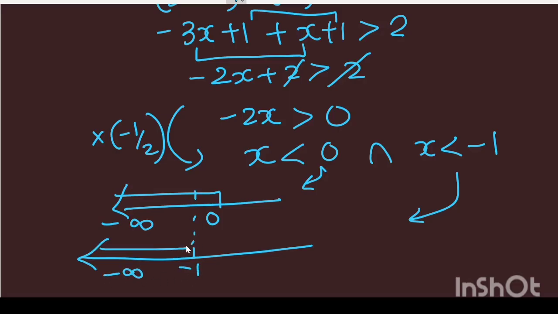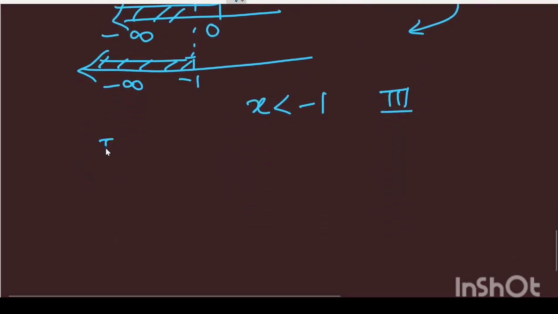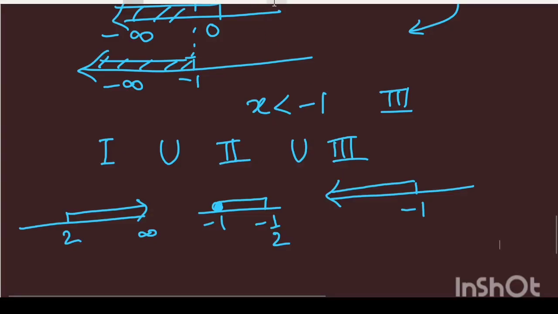Now if you take intersection, this much length of interval is common. So the answer is x less than minus 1 in the third case. Now we join first, union second, union third.